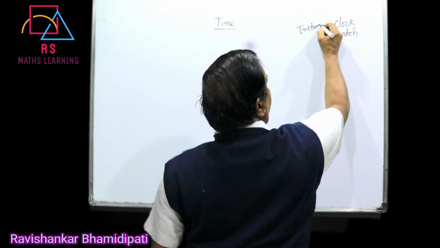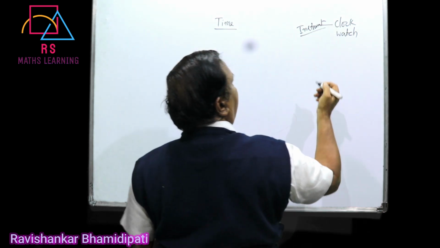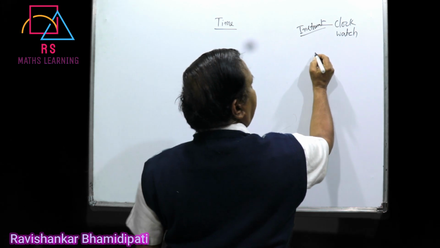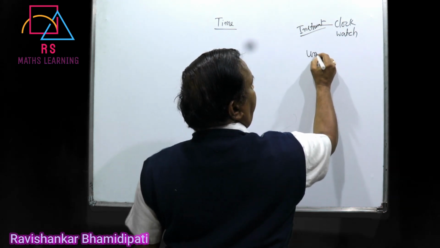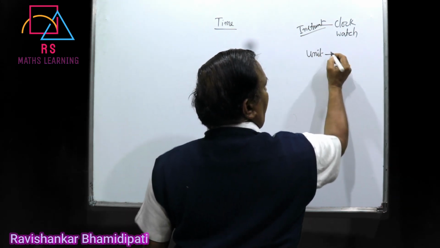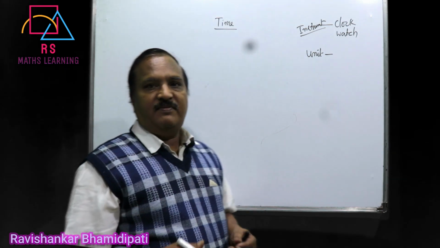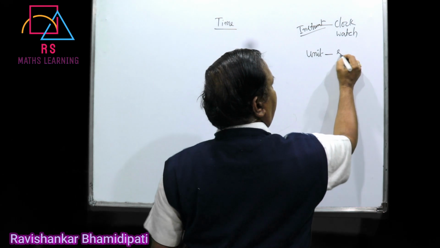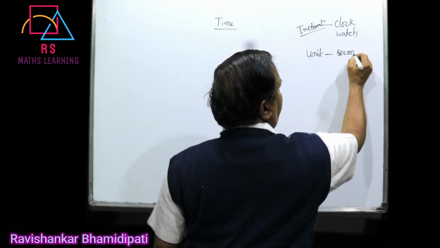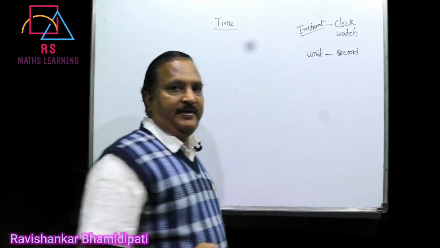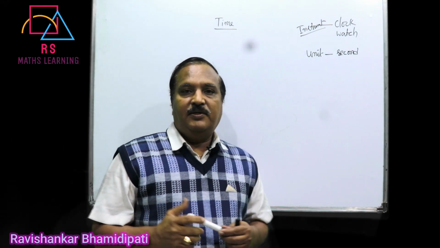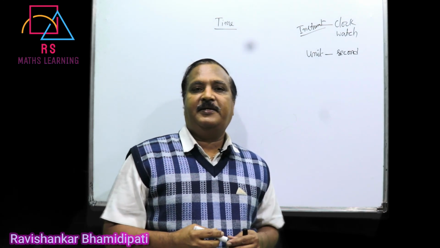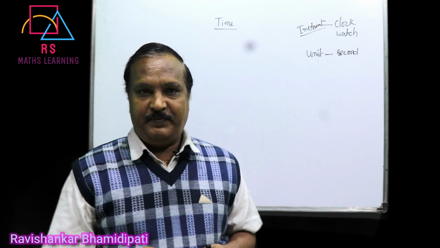Okay, and this is the instrument we use to measure the time. And there will be a unit also. Every quantity will be measured with one unit. So the unit also, in the SI system, is second. Okay, usually second is the unit of time.